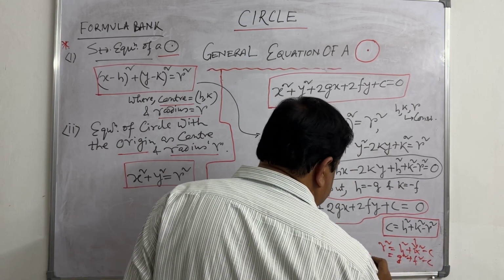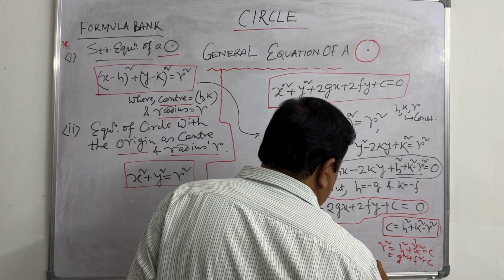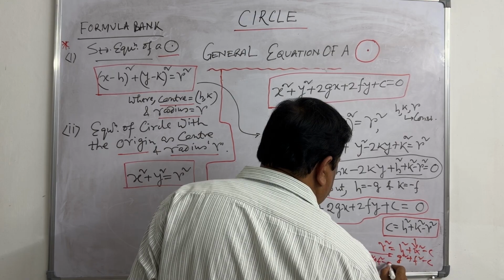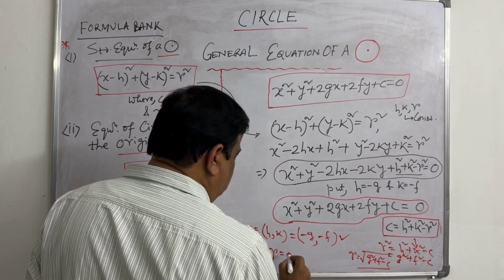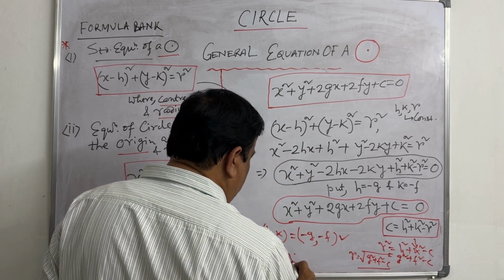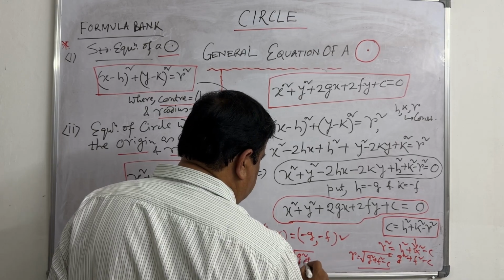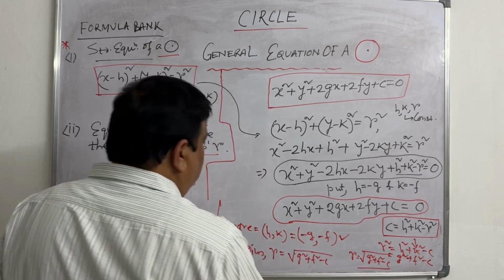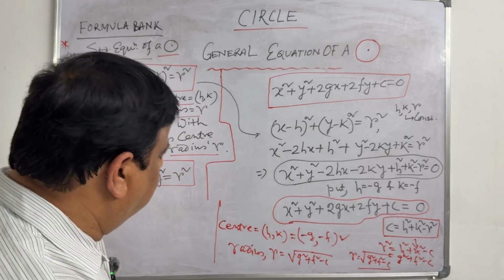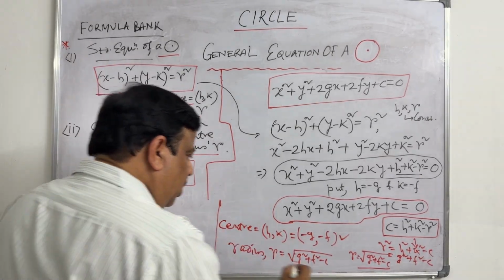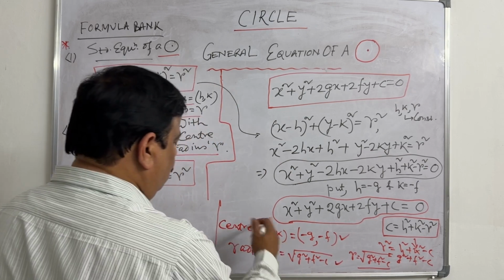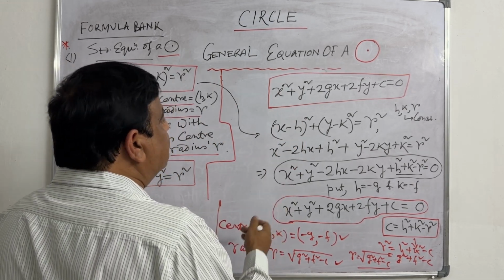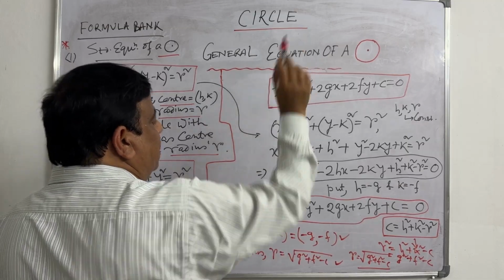So you can write r is equal to square root of g square plus f square minus c. So this is the value of the radius. This is a very important concept, and you should remember these two formulas related to the center and radius of the general equation of a circle.